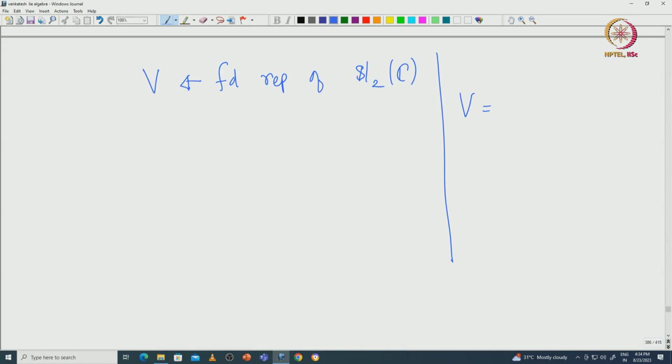You can get that multiplicity by computing the character. First, you write some V_d1, and let us say this appears n1 times.